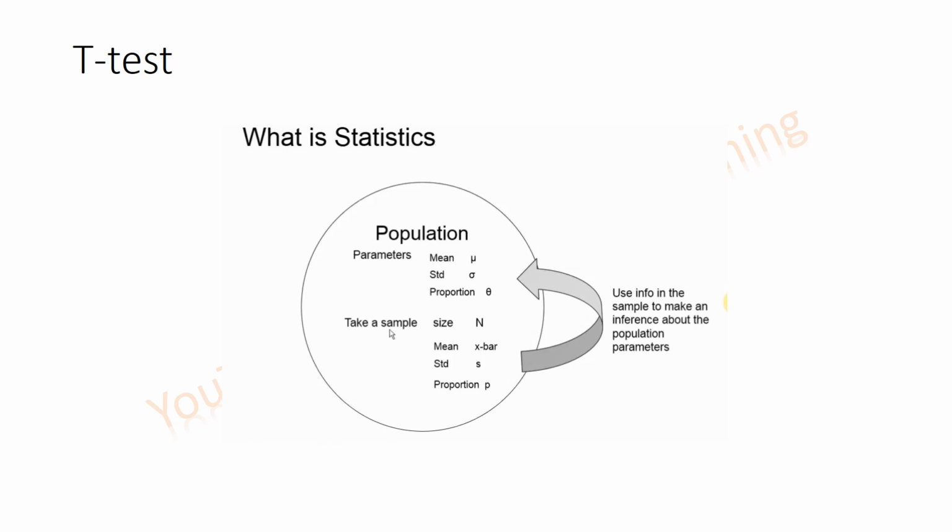We take a random sample. Here we take a sample size of 7. From those 7 samples, I can easily measure the average, and I use X bar to represent it. Standard deviation is easy to calculate, and proportion is easy. From the sample, it's very simple to get the sample mean and sample standard deviation.